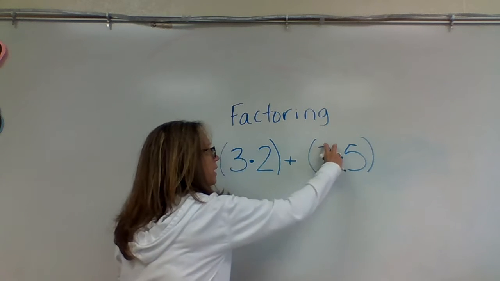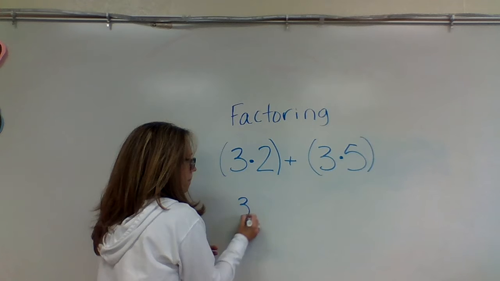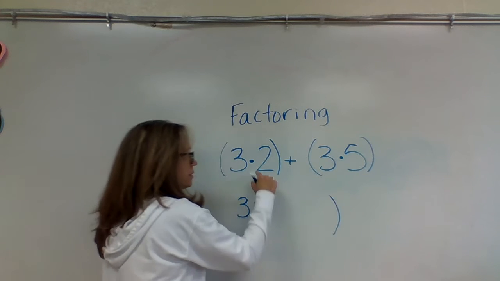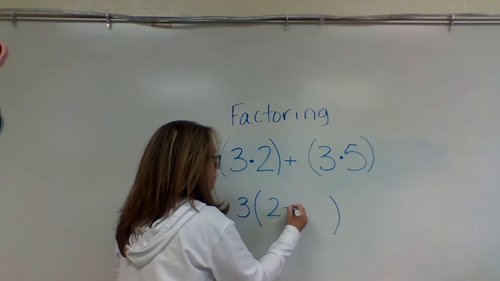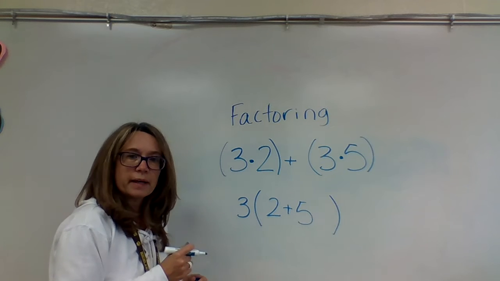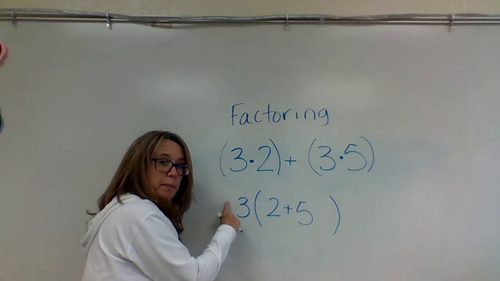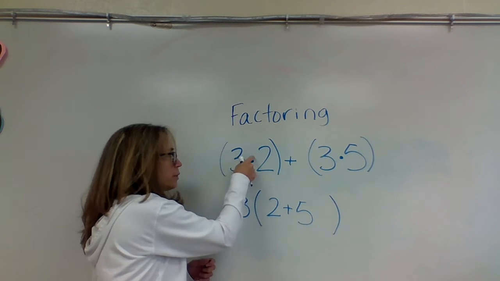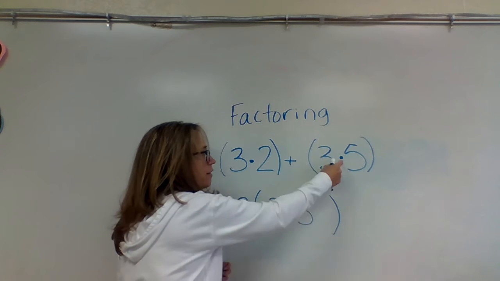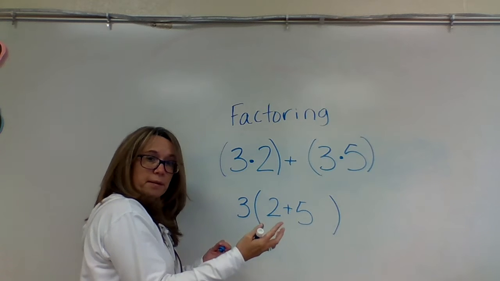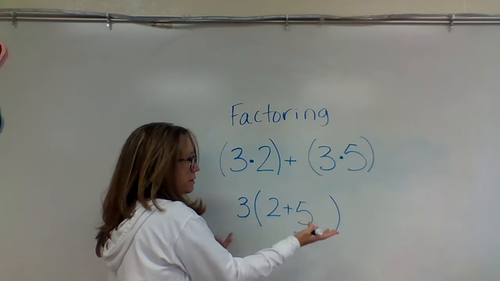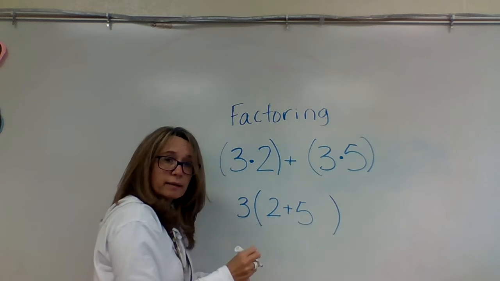So you can pull that 3 out and multiply it to the 2 plus 5, okay? And if you notice, if you were to do the distributive property on this bottom one, you'd have 3 times 2, which is right there, and 3 times 5, which is right there. Okay? And this is the same thing as 3 times 7. You're going to get the same answer either way.